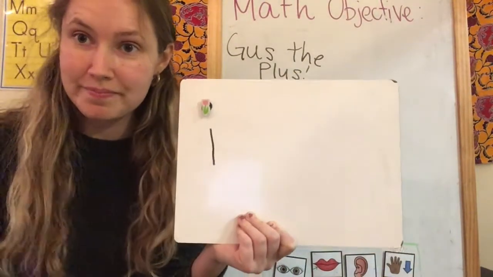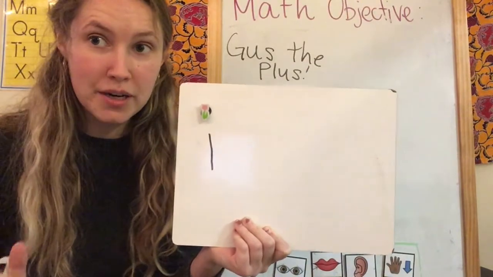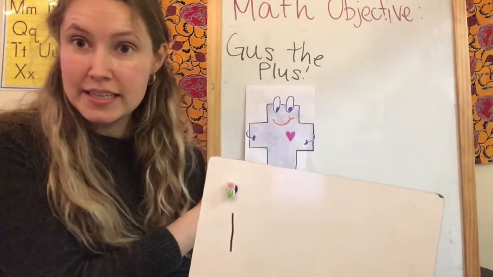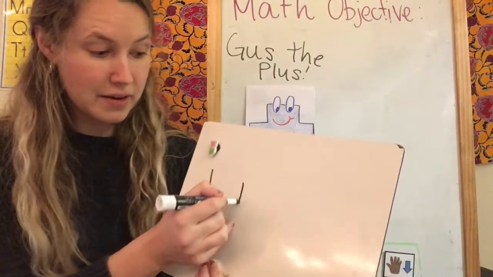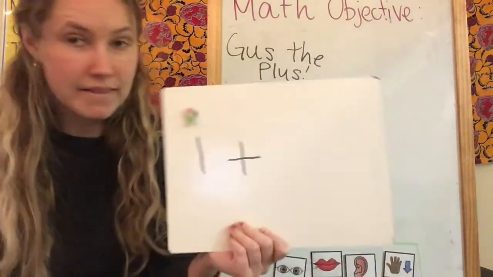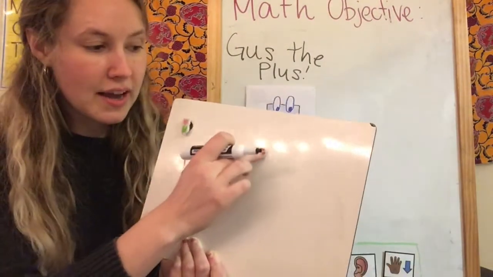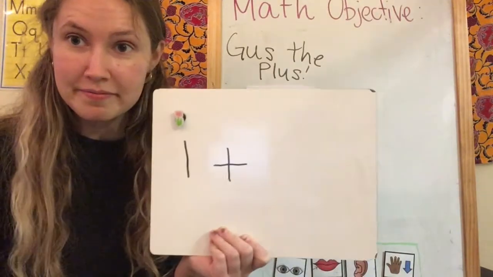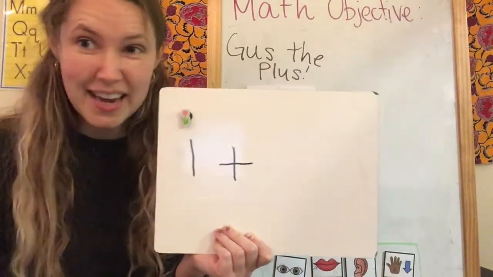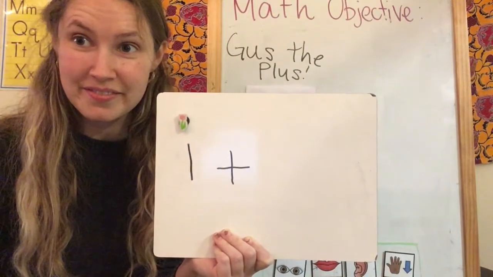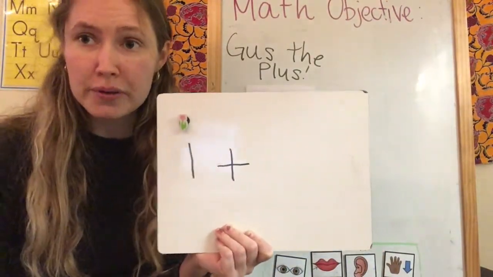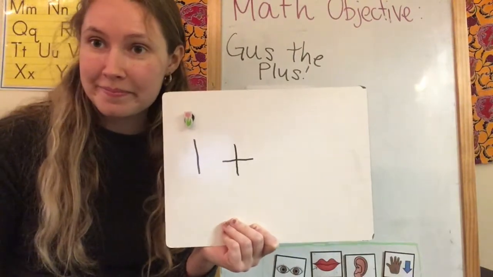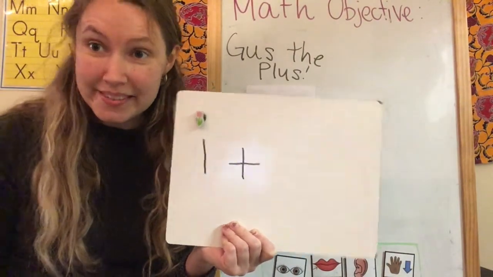So I have 1. Now, remember, Gus comes next because he's going to be adding whatever we put next to our flower here. Now, do I have anything over here? Did I put anything on my page? No, I didn't. So what number should I write here to show nothing? 0. Very good.